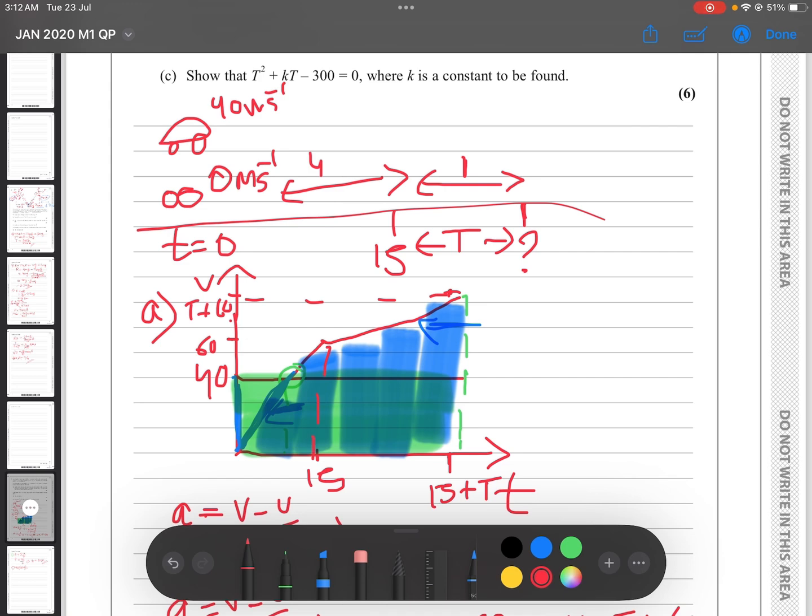For the motorcyclist, we know this is t. As you can see, this part is a triangle.